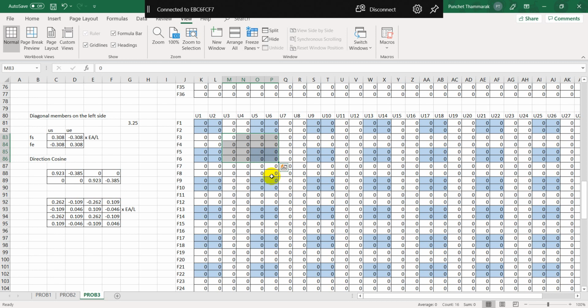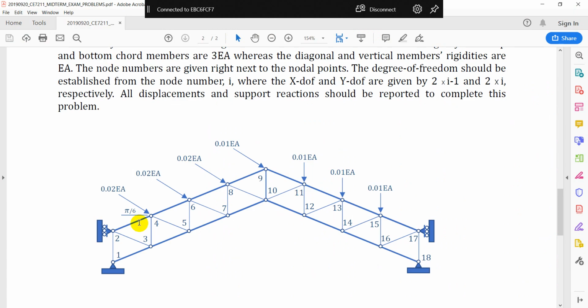So, 3, 4, 5, 6, right? Equals to this. Done. What next? Well, we are lucky the number 3 is not connecting to number 4. Okay, this element 2 and 3 connects 4 and 5. 4 is what? 4 is 7, 8, 9, 10.